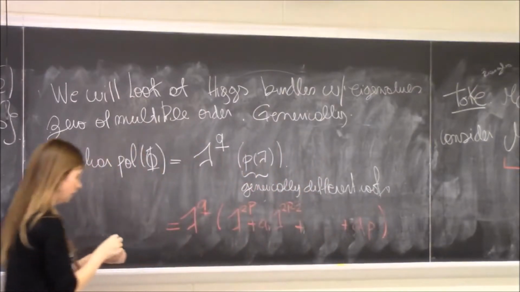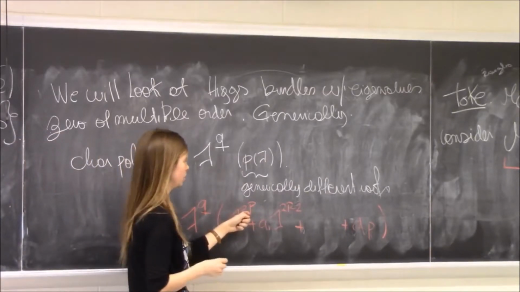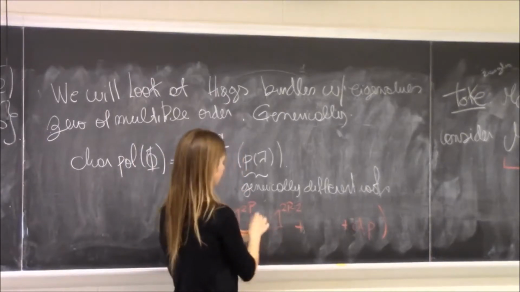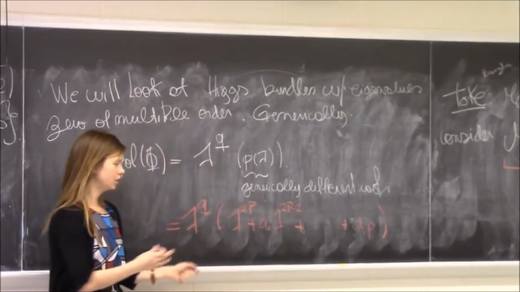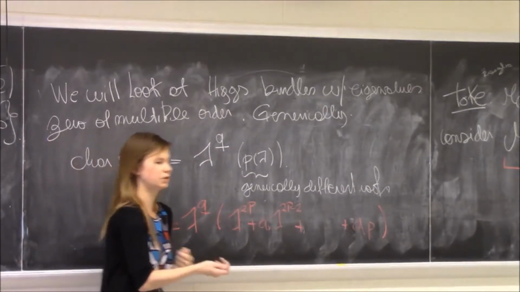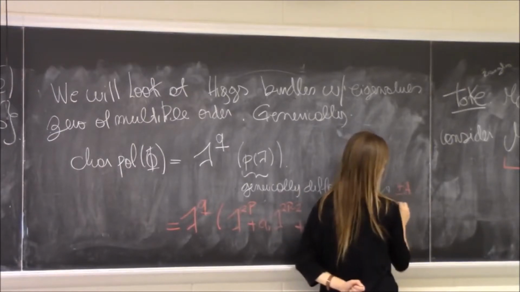So what I'm saying here is that the polynomial only has even degree terms. So generically, it has different roots, and here generically, in this case, it has plus and minus roots. So having even degree means that any eigenvalue that you have comes with a minus eigenvalue. So plus and minus an eigenvalue.